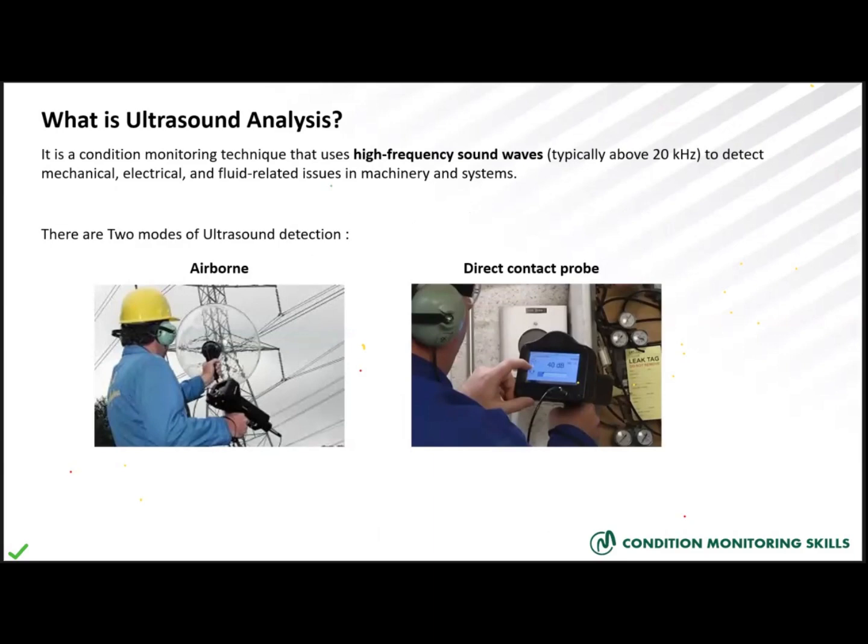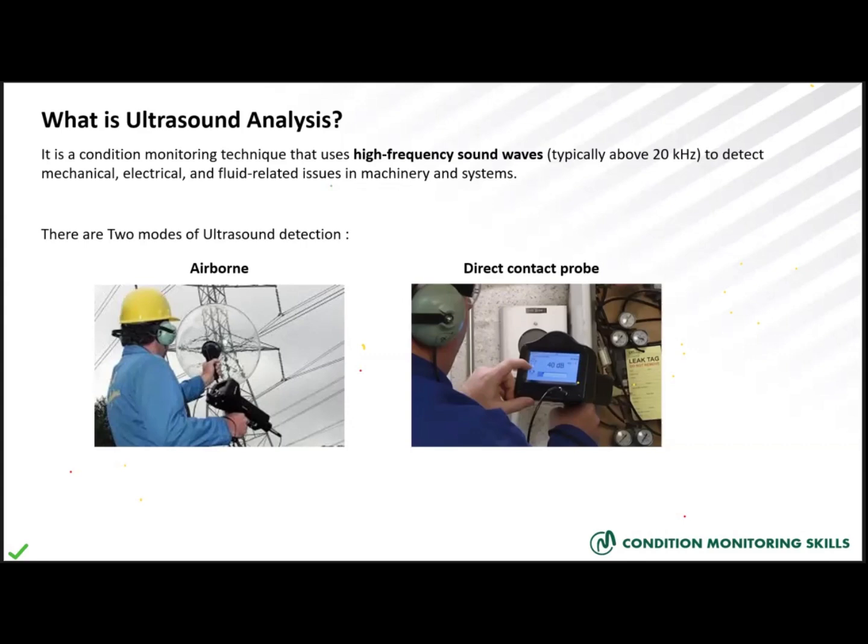So what is ultrasound analysis? Ultrasound analysis is a condition monitoring technique that uses high frequency sound, typically any sound above 20 kilohertz, to detect mechanical, electrical and fluid related issues in machinery and systems.